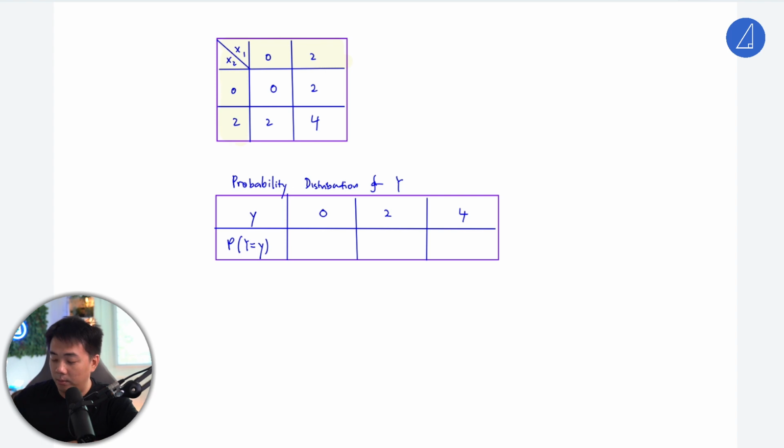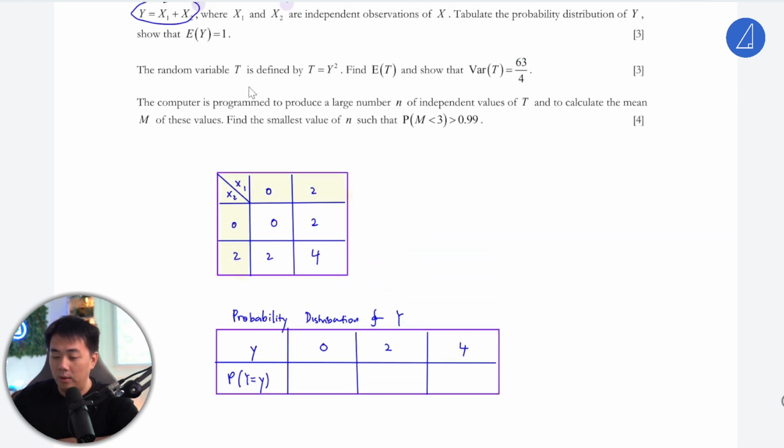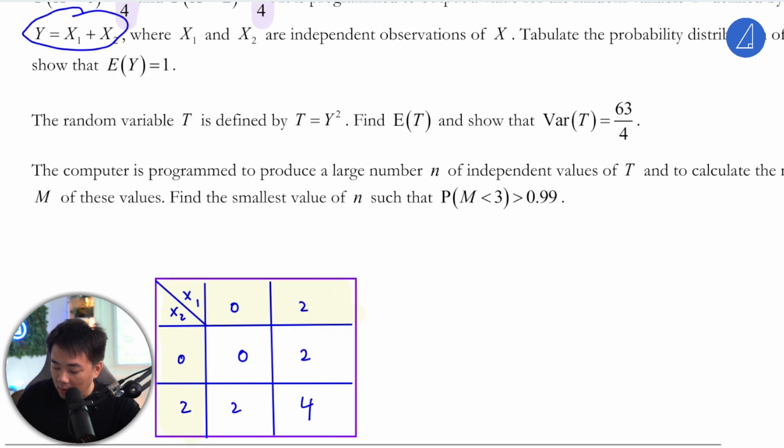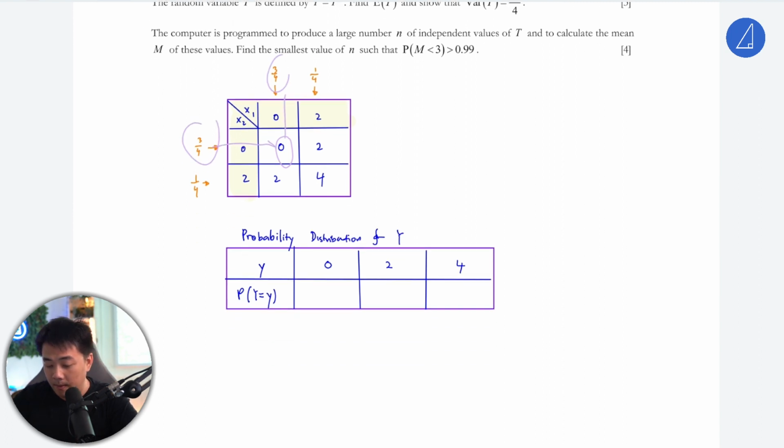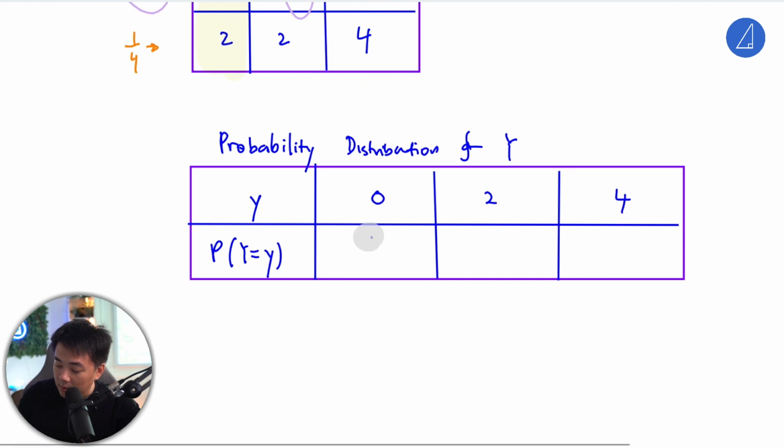To calculate the probability of getting 0, we know the probability of getting 0 here is 3/4, and the probability of getting 0 here is 3/4 as well. Getting 2 is 1/4 and 1/4. So to get this 0, we take 3/4 times 3/4, which is 9 over 16.